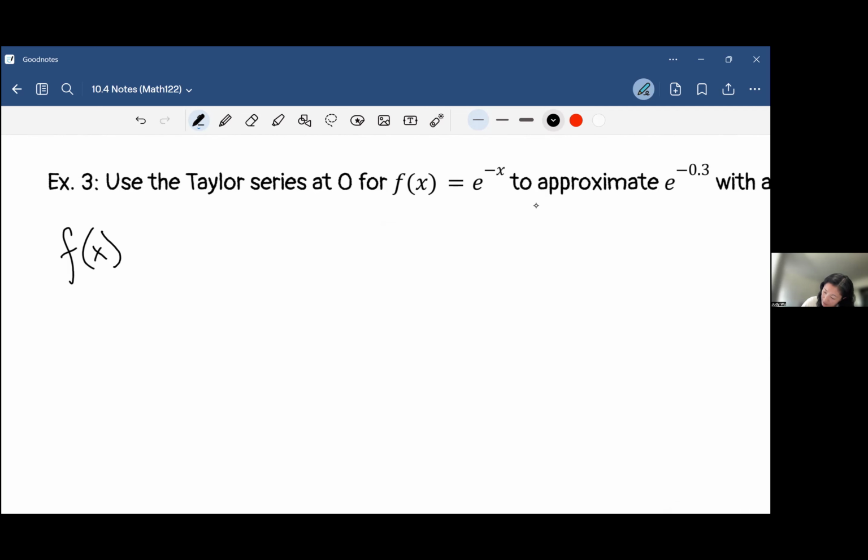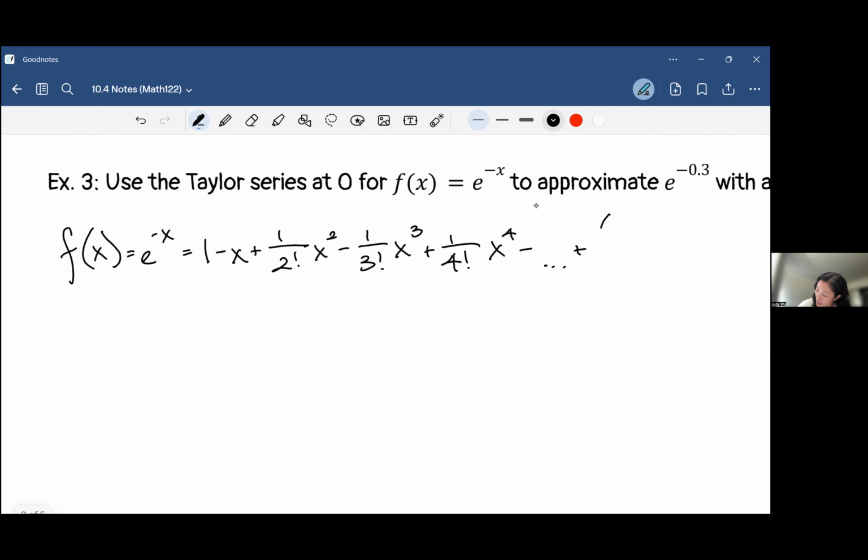And when we write out this series, we'll get 1 minus x plus 1 over 2 factorial x squared minus 1 over 3 factorial x to the third. Let's do one more. Plus 1 over 4 factorial x to the fourth minus, and we keep going until we get negative 1 to the n over n factorial x to the n. That would be the whole series.